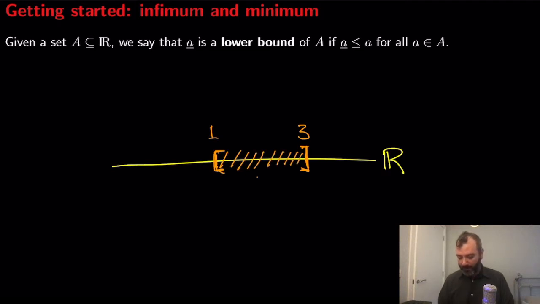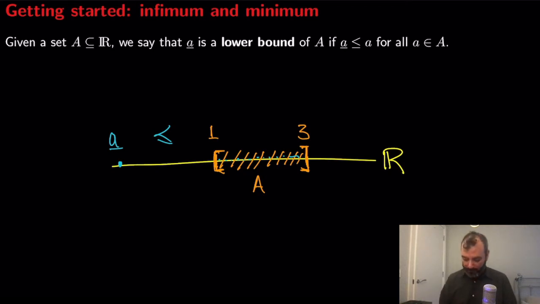Let's call this A. I will say that the number A underlined is a lower bound of the set A if this number A underlined is less than or equal to all the elements of A. If this number is less than or equal to all of these numbers inside the set from 1 to 3.